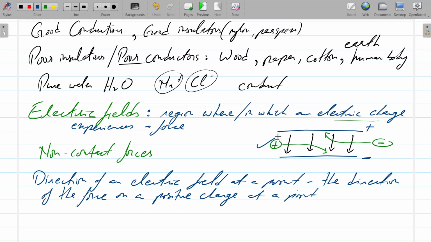So we put it in the terminal from where it is being repelled. Likes repel, so that's positive. The one it's being attracted to is negative. And so the direction is from positive to negative.